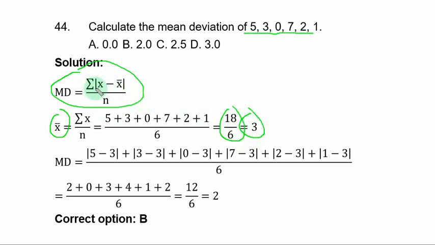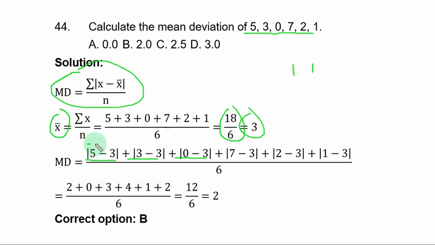If you come here, you take it data point by data point: you have the absolute value of 5 minus the mean, plus the absolute value of 3 minus the mean, plus the absolute value of 0 minus the mean, and so on. What you must note is that the symbol of absolute value changes all negative signs to positive, while positive remains the same.